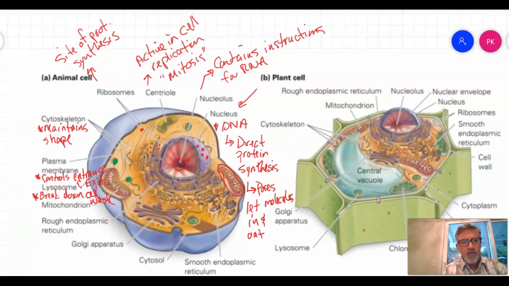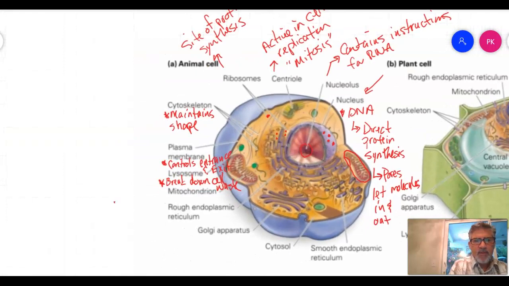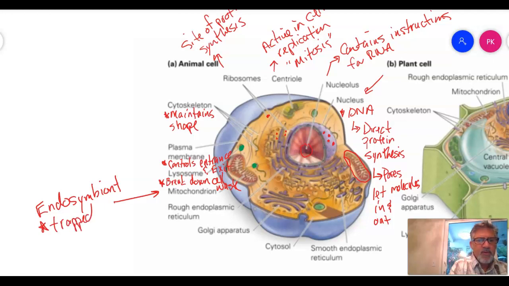So let me move this over here a little bit. So this is an endosymbiont. So it's a trapped, so endo means within, so that means in the symbiont, shares life.